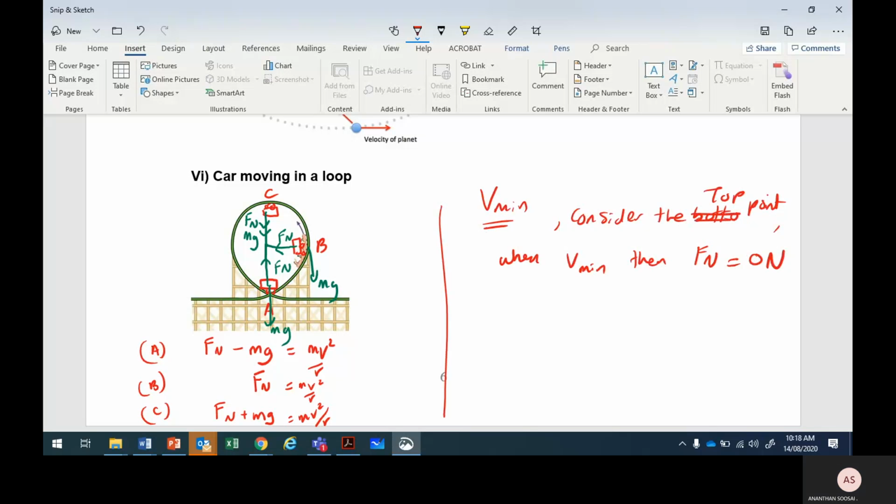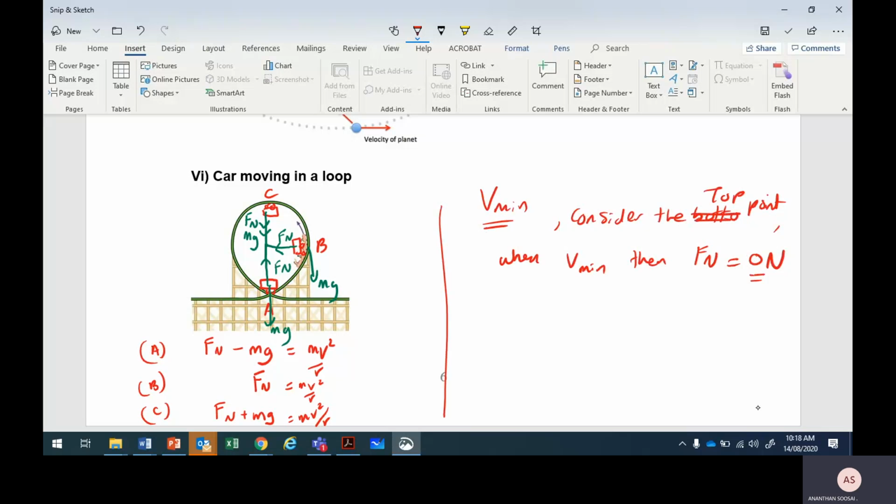If you are moving faster, you push the track, so the normal force acts downwards. The special term is weightlessness, experienced at the top. You have weight, but you feel weightless. You are not falling down. The normal force becomes 0 Newton.